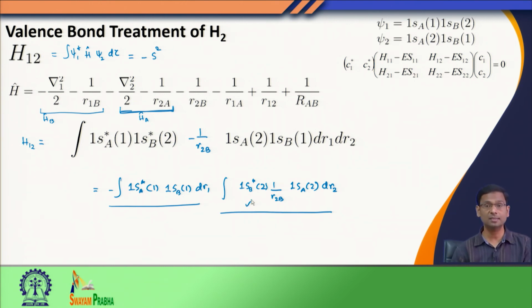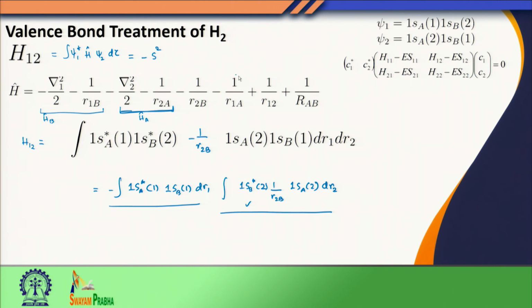And why am I getting this term? I am getting this term because I have this psi 2, which I have obtained by exchanging the electrons. So, this integral does not have any physical description, unlike the previous Coulomb integral, and we are getting this because we have done the electron exchange.